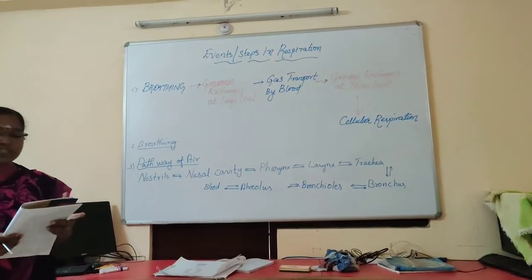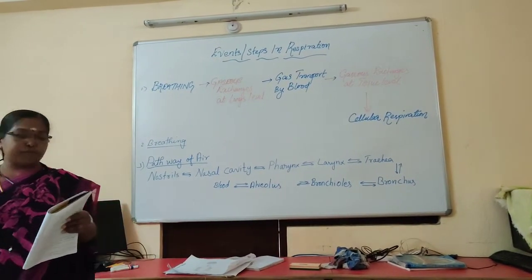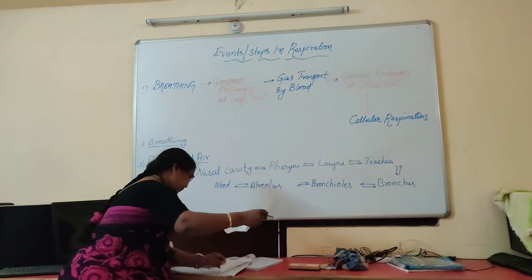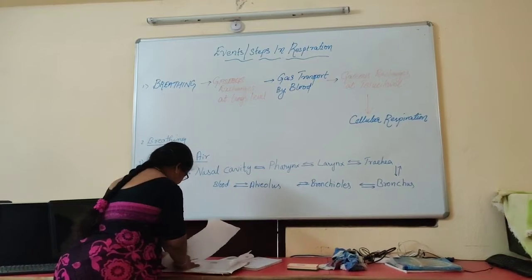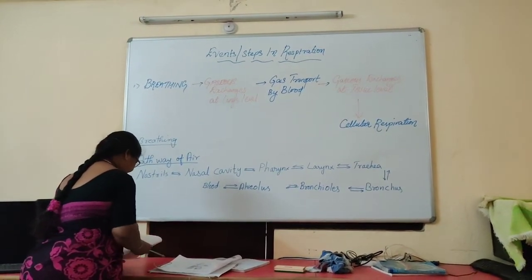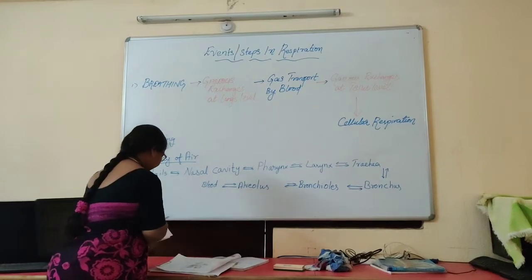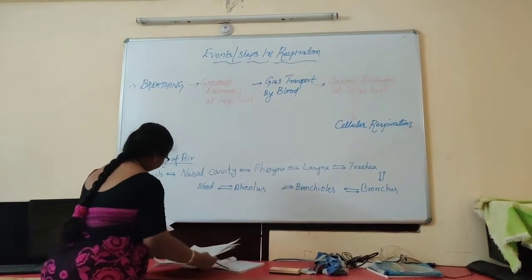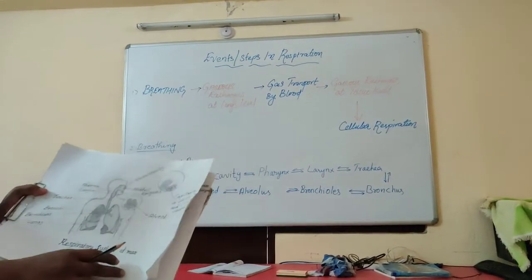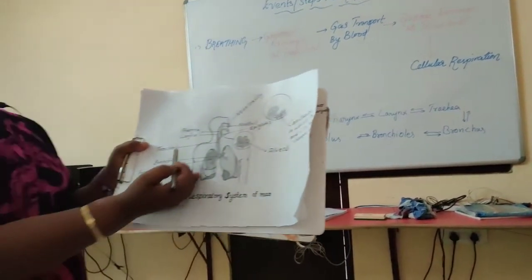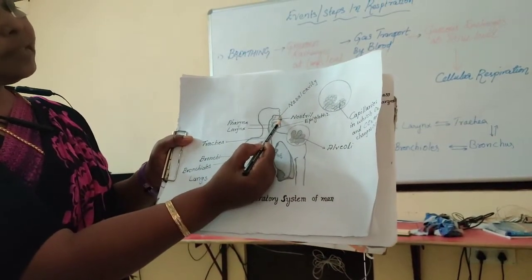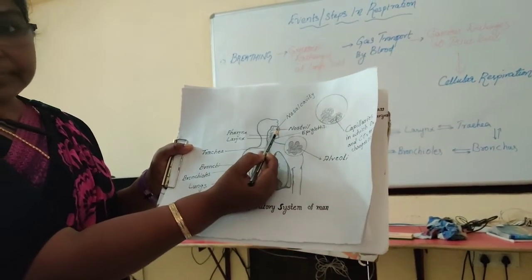Next I am going to teach about the pathway of air. This is the diagram of a respiratory system. See children, this part is a nostril.